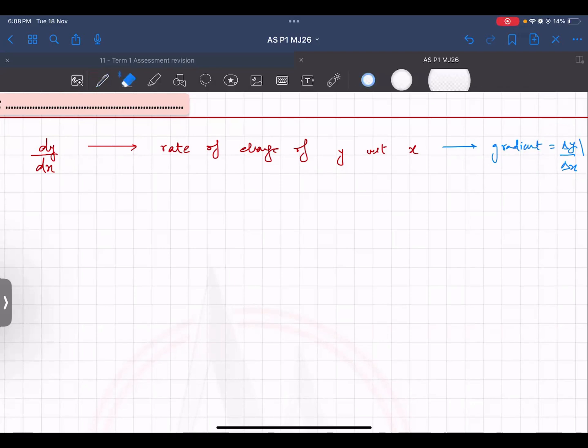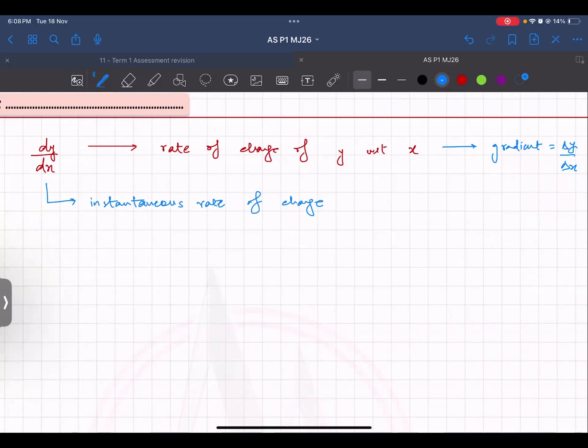Dy means a very, very small difference in y upon a very, very small difference in x. So that's why this is called the instantaneous rate of change.